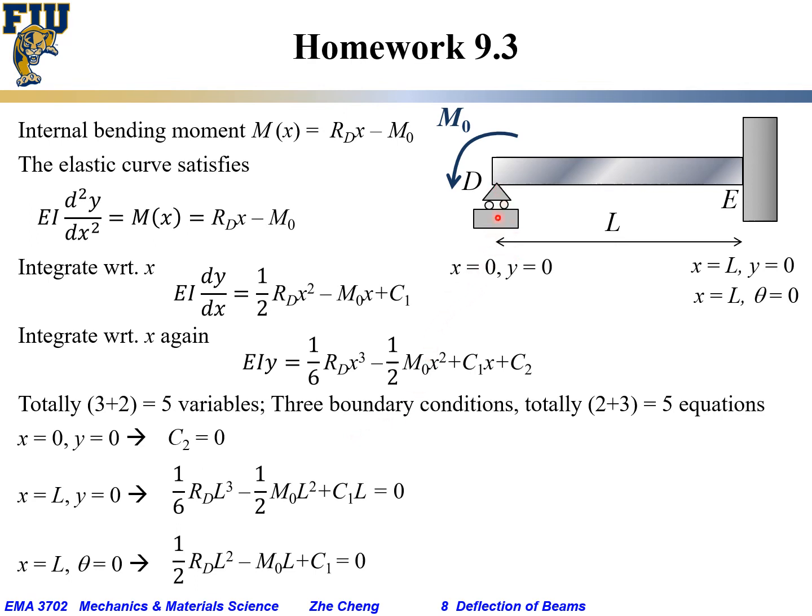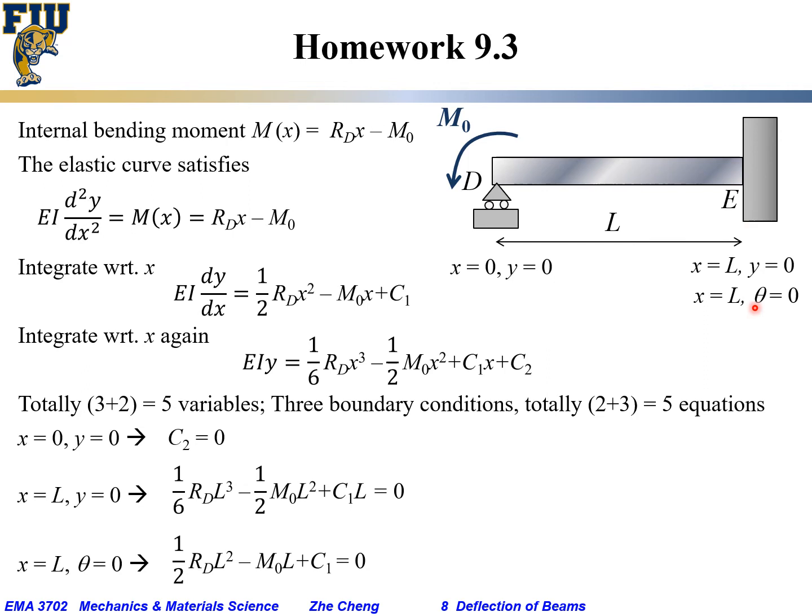At the D side, the local vertical deflection would be 0: x equals 0, y equals 0. This point cannot go down. And at the E side, at x equals L, the local deflection y must be 0, and at that same location, the local slope must be 0 because it's clamped. It cannot rotate freely from the original location.